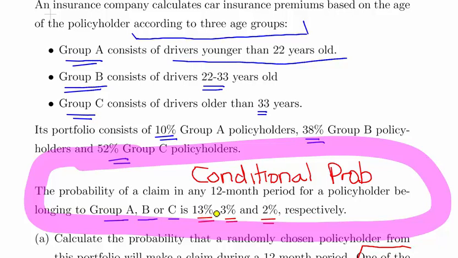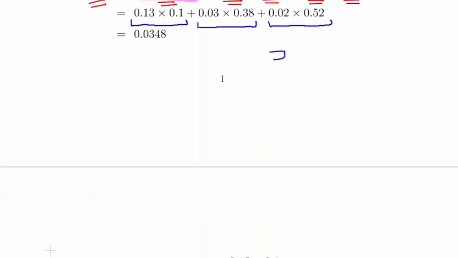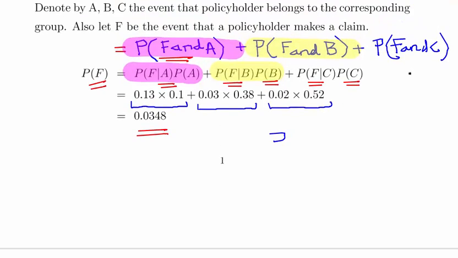Those are the conditional probability formulas, and those are the other ones, the probability of A, B, and C. So we were given all that information. With a little bit of calculator work, we get an answer of 0.0348. So overall, there is a 3.48% chance of an insurance claim from this portfolio.